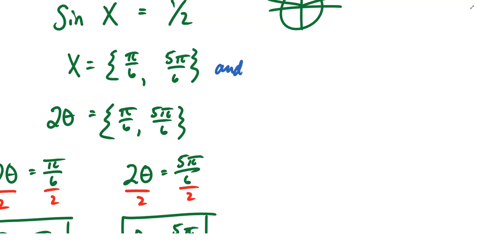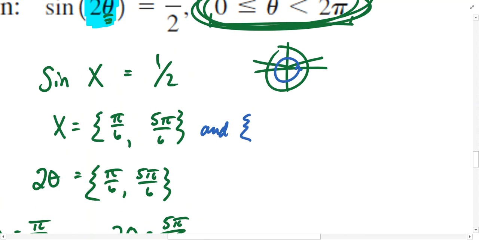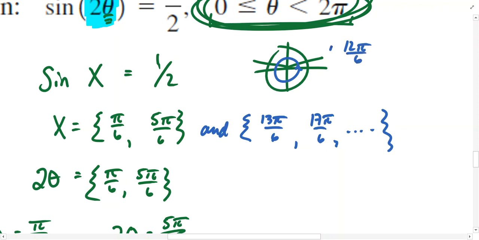We could have gone a bit further, perhaps a whole other rotation around, and said that 13 pi over 6 and 17 pi over 6 and so on, those could have been solutions as well. So one full rotation, or an additional 12 pi over 6 beyond 1 pi over 6, that would represent the next solution in this position.